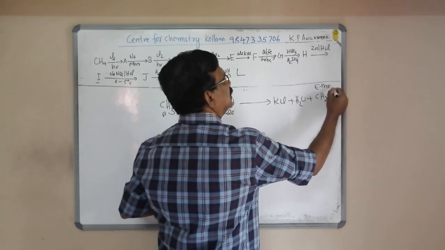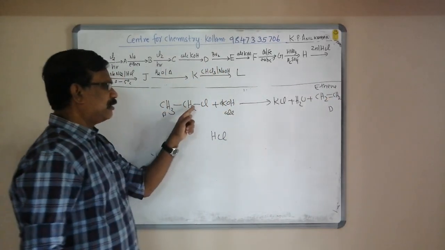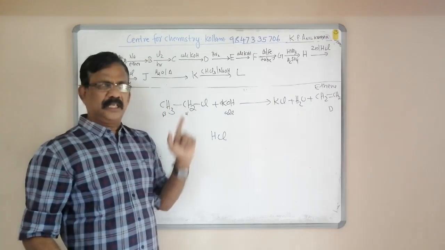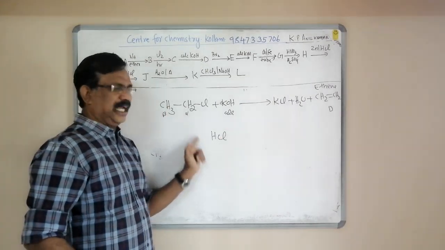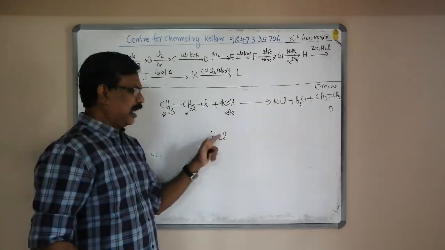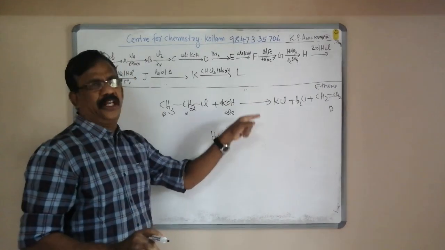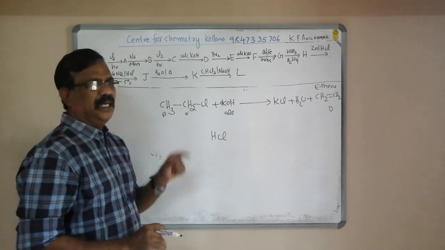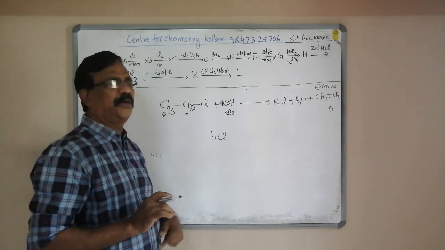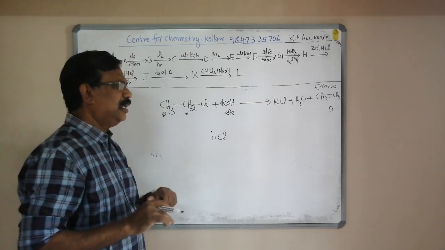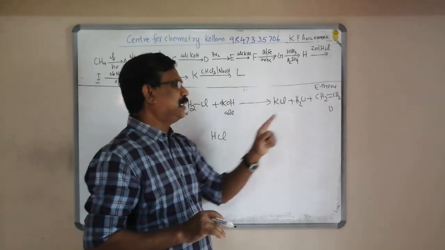So from the alpha carbon the halogen is removed, from the beta carbon hydrogen is removed, totally HCl, a hydrogen halide, is removed. This is the dehydrohalogenation reaction. Since H is removed from the beta carbon, it is also called a beta elimination reaction, and the product is an alkene.